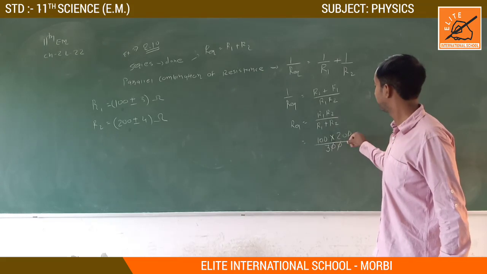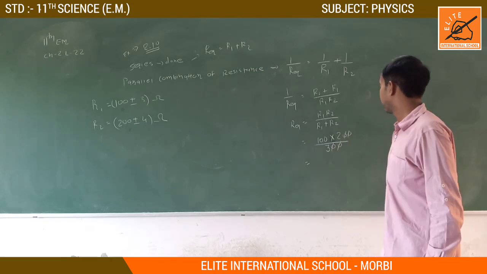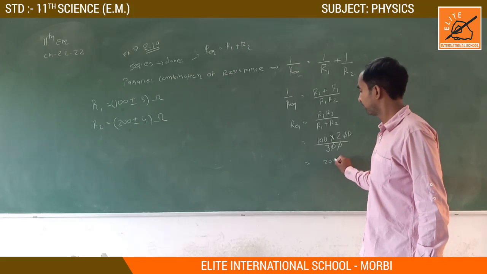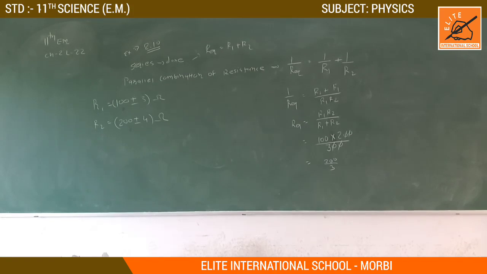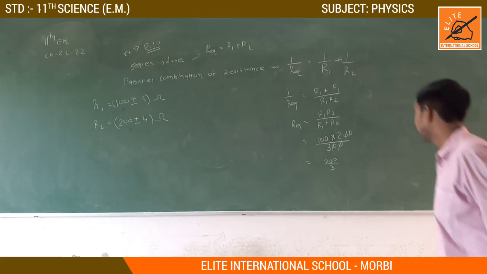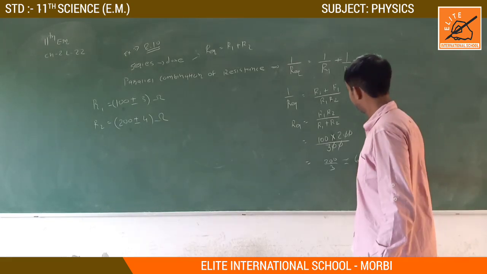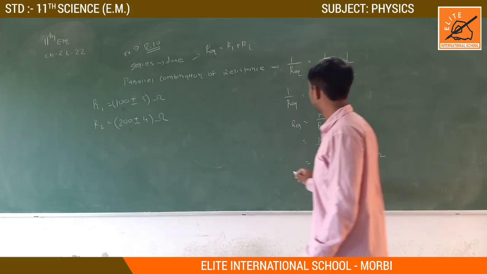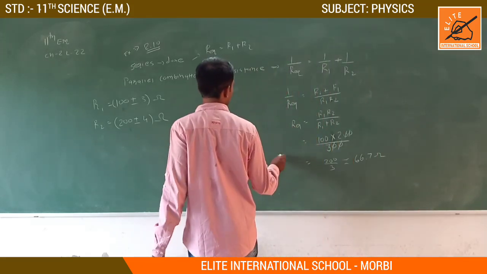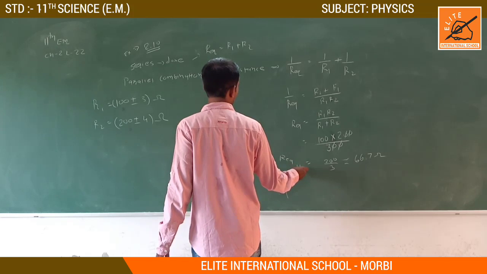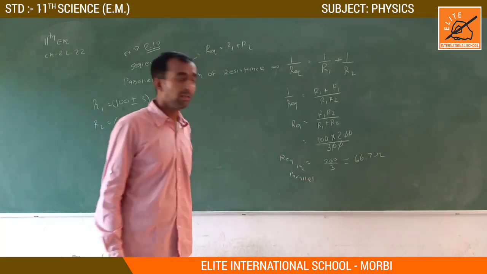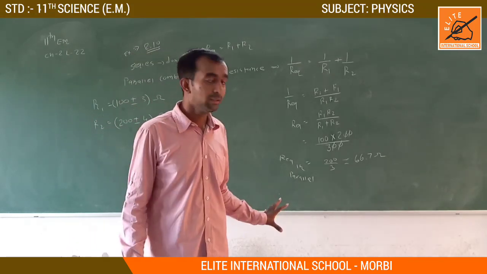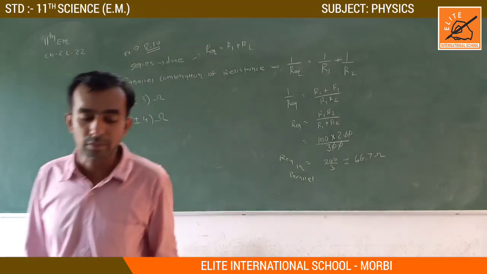What will you get? 200 by 3 ohm is the answer, approximately 66.7. So first complete that, then we will discuss the error part.